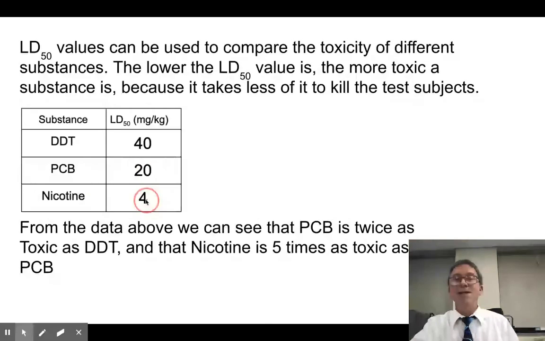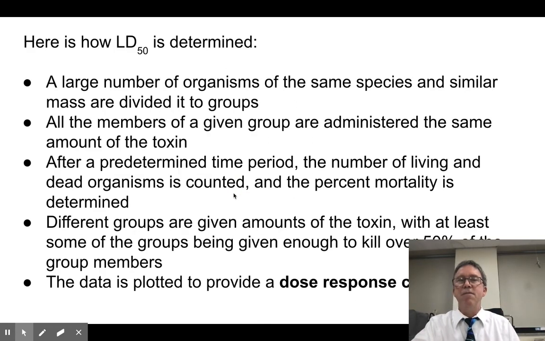Similarly, nicotine is 10 times as toxic as DDT because it only took 1/10 as much. And it's 5 times more toxic than PCB because it took 5 times less. So that's how we make those comparisons. Just keep in mind that the smaller the value, the more toxic it is.